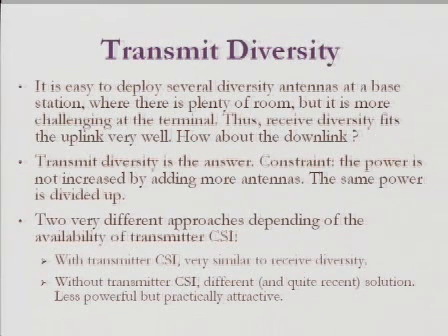Otherwise, you will be sucking up power quicker and drain your battery. Plus, the amplifier is designed for a certain power output. So we have to share the power between the antennas. That's the big difference between transmit diversity and receive diversity. In receive diversity, you have a second antenna, it just picks up more power of its own, and that's it. It's no problem there. Here we have to be careful with that.